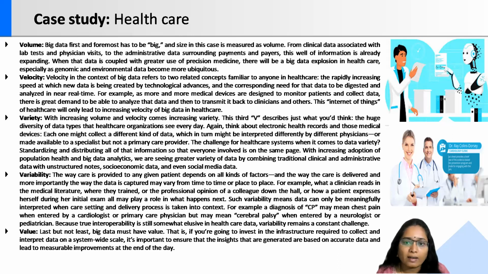We use a lot of sensors, the Internet of Things of healthcare, which leads to increasing velocity of big data in healthcare systems. The next one is variety. As I discussed, variety is different kinds of data: structured, unstructured, and semi-structured.